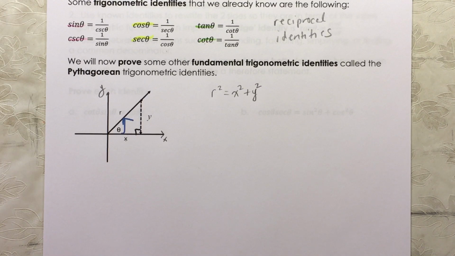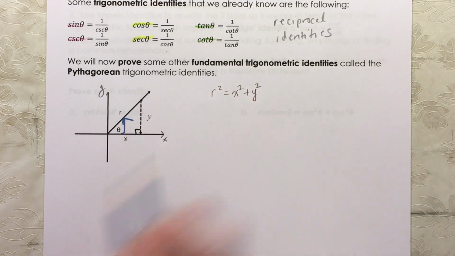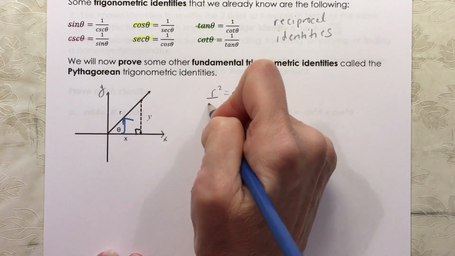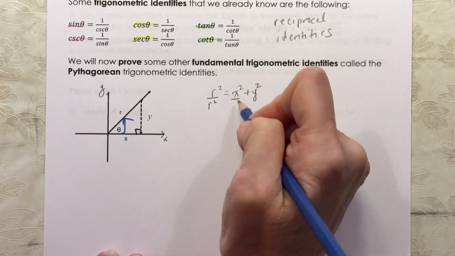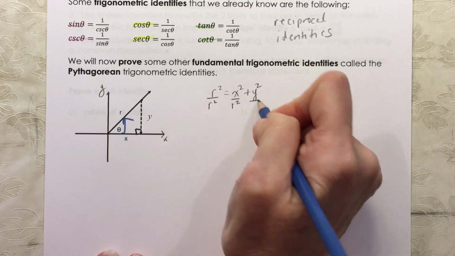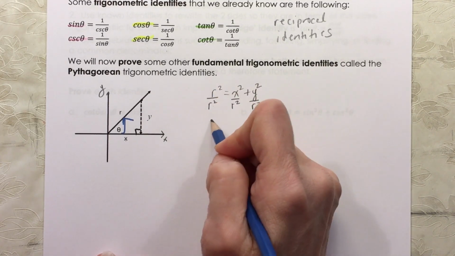Where the Pythagorean identities come from is first we decide that we can divide both sides by the same number, and we haven't changed the equation. So what we are going to do is divide both sides by r squared, which is the same as dividing each term on each side by r squared. Okay, which gives us r squared divided by r squared is 1 here.